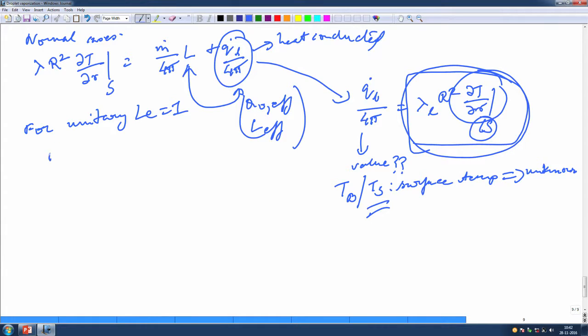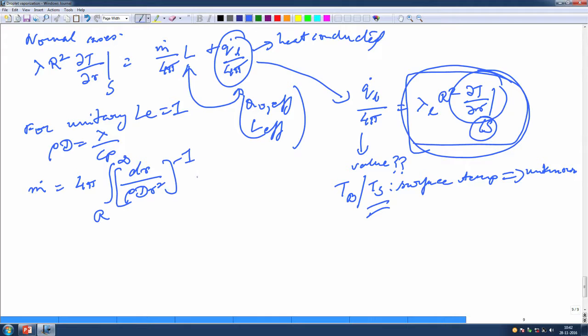So it is basically rho D equal to lambda by Cp. Now, if you recall the expression for m dot, log of 1 plus B, that is what we wrote in the last one.